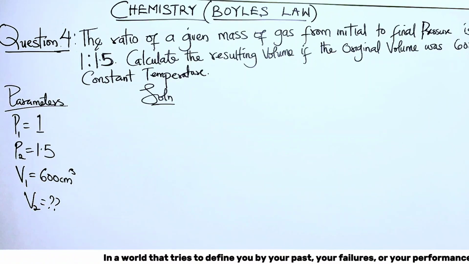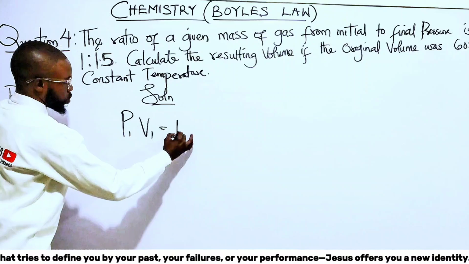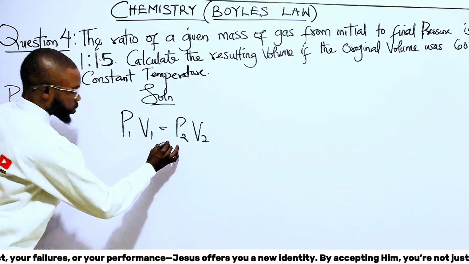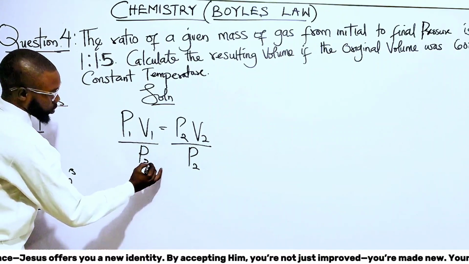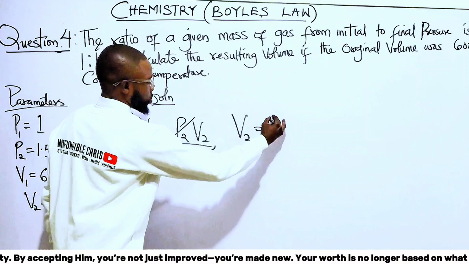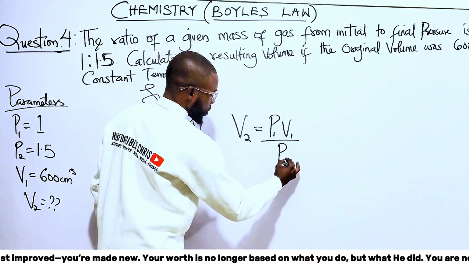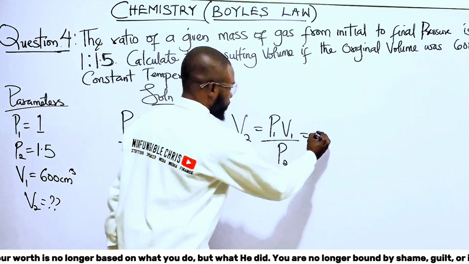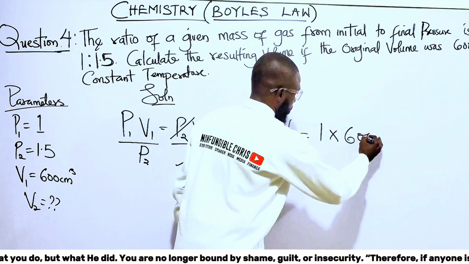It's very simple, right? So we know that P1 V1 is equal to P2 V2. Since we are looking for V2, divide both sides by P2, right? P2 take off P2, V2 becomes P1 V1 over what? Over P2. So what's our P1 there? P1 is 1, right? And our V1 there is 600, right?